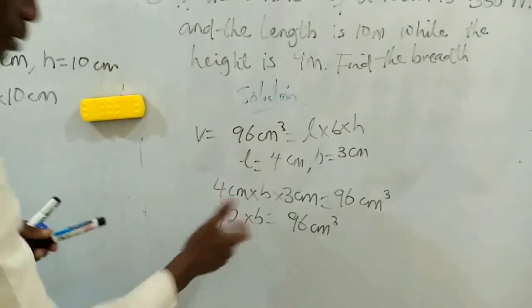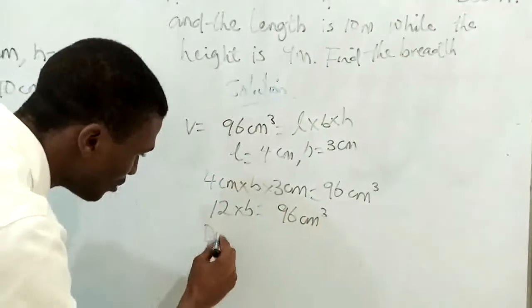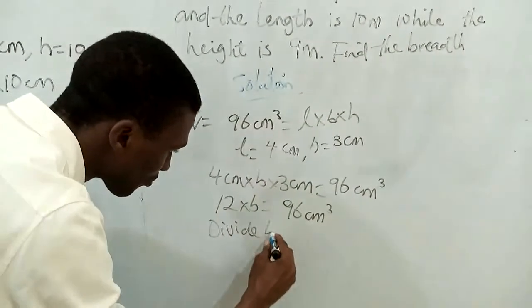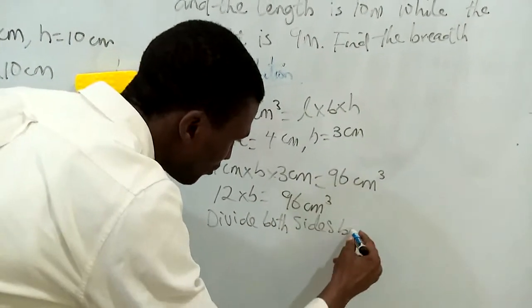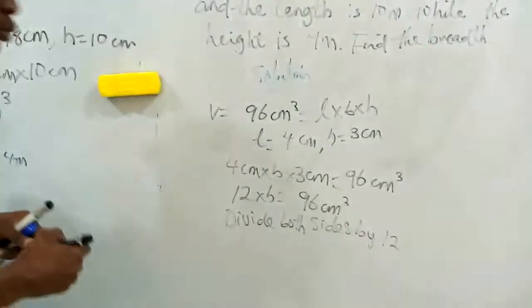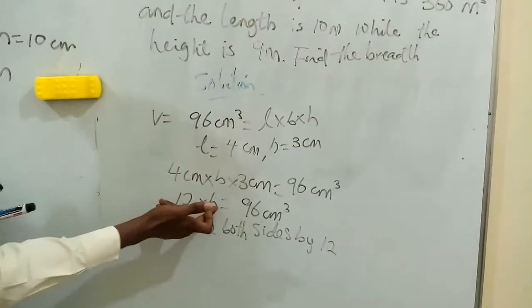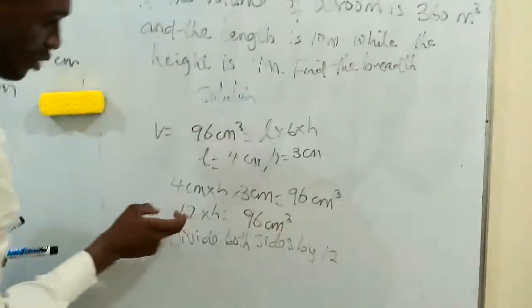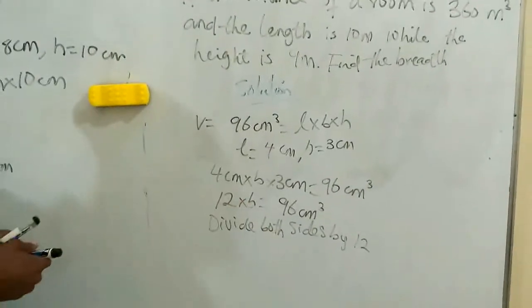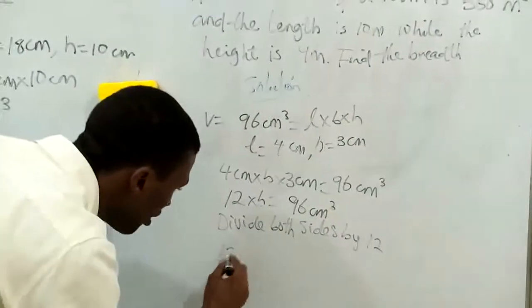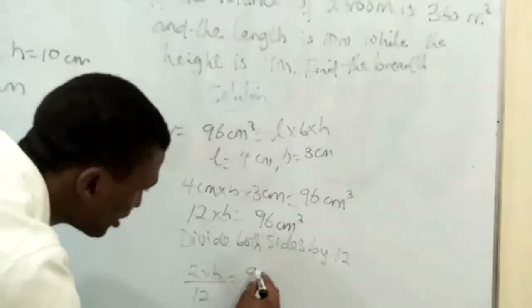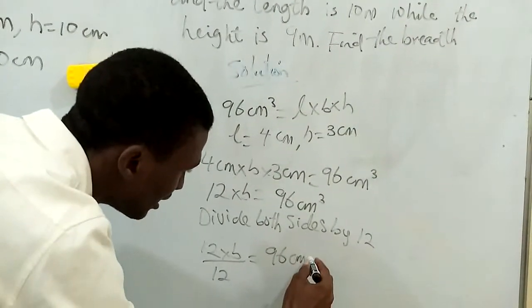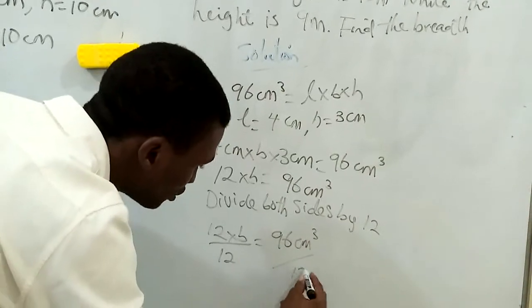Now for us to get our breadth, we divide both sides by 12. Why 12? Because we have 12 times breadth as 96. We have to divide by 12 so that we have our breadth alone. So we have 12 times breadth all over 12 equals 96 all over 12.